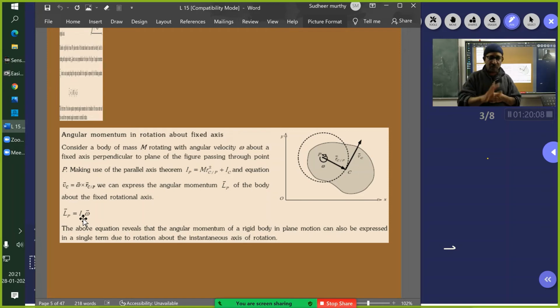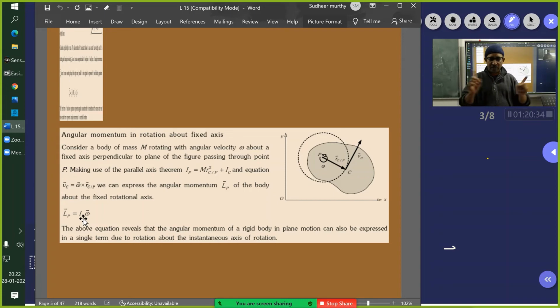Now for a body, you take some body. I have the moment of inertia at point P1; the moment of inertia is IP1. Now I will choose another point P2, and the moment of inertia at point P2 is IP2.